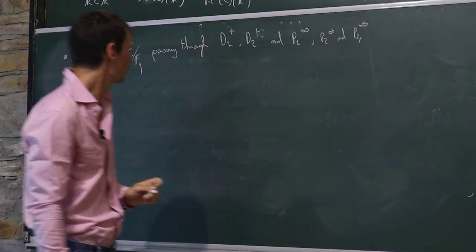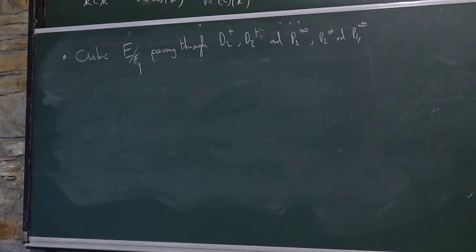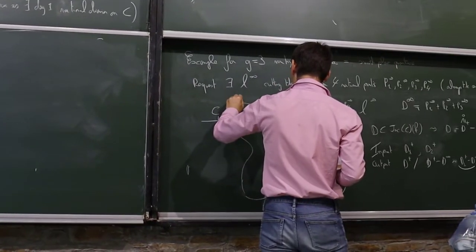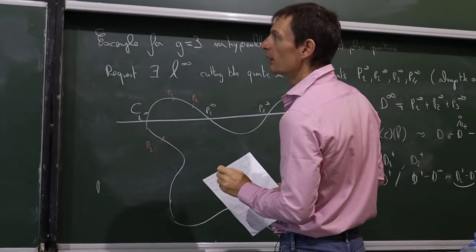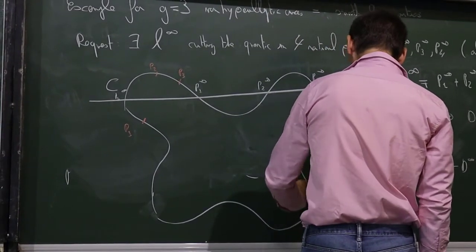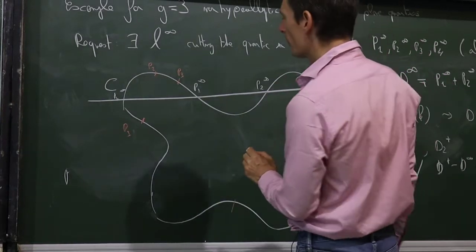Okay, so I don't know if I dare doing a picture of this. It's always a bit delicate. But if I do this, then I would have points P1, P2, P3 maybe, and then a support for the other divisor. That would be a bad idea.